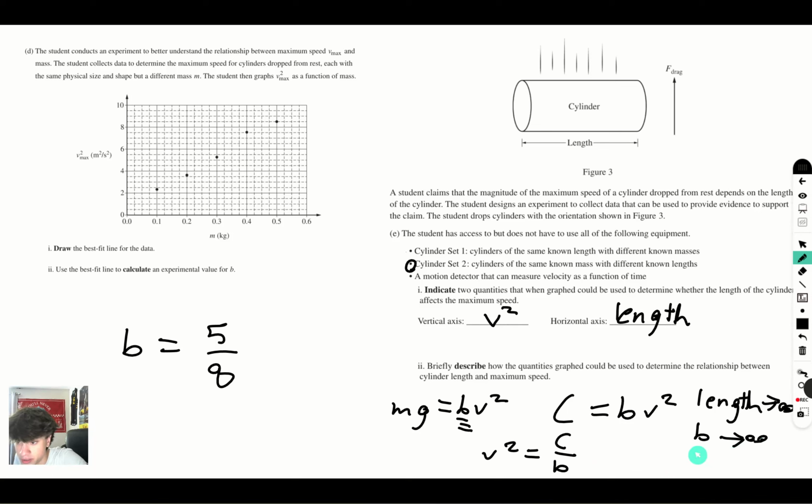So as b goes to infinity, our v squared is going to approach 0, which makes sense because the bigger the object is, the more air resistance it's going to face. The more air resistance the object faces, the slower its terminal velocity is going to be. So that's how I would solve this problem. There are many other ways to go about it, but this is the one that makes the most sense to me.